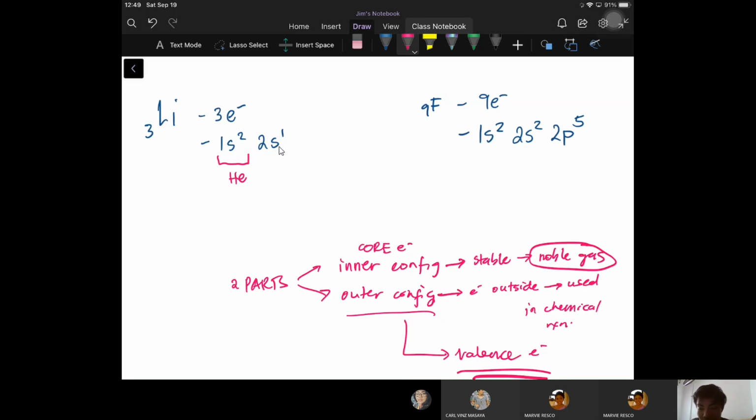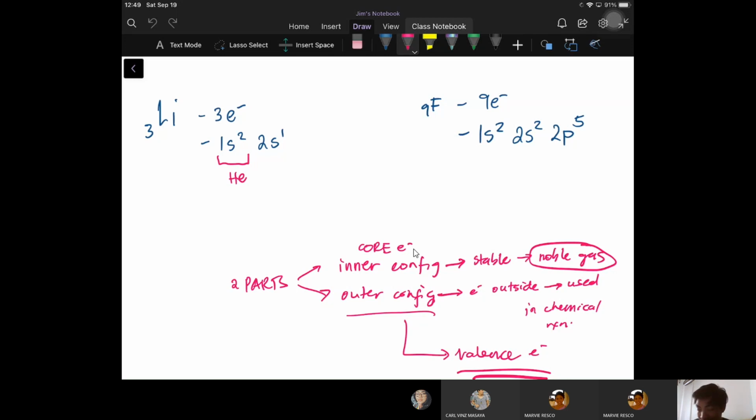Paano po yung sobra? Yung sumobra, yun yung valence electrons. So ano ginawa natin? In-identify natin yung noble gas configuration. Paano natin in-identify? You just count the electrons. Ang first noble gas ay helium, so ang first two electrons, yun yung noble gas configuration.